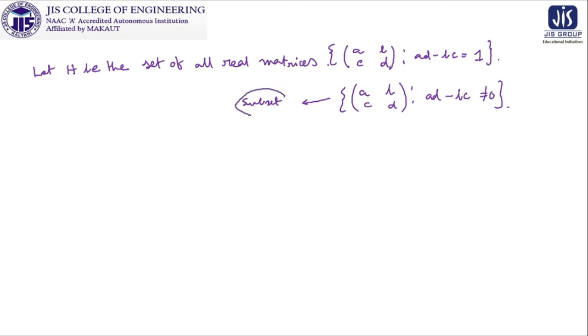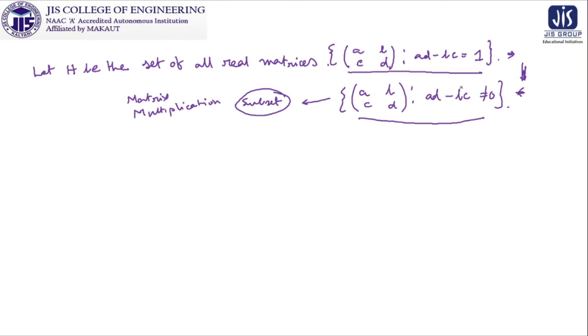If it is a group along with matrix multiplication, then you can claim that this is going to be a subgroup of this group. This is one way. Another way is to prove it with the help of AB inverse is in H. So we are giving you the clue for both. Now it's your thinking process that you are going to adopt.